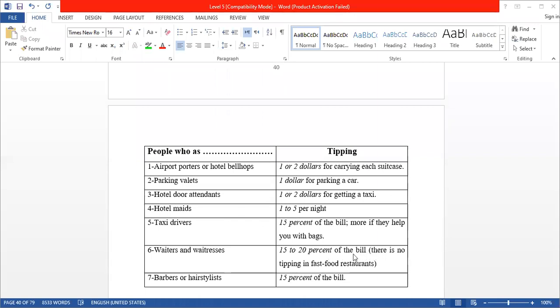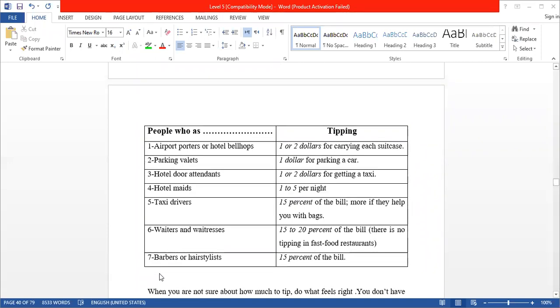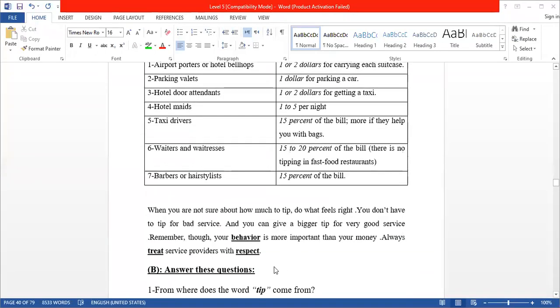There is no tipping in fast food restaurants. Barbers or hairstylists, 15% of the bill. When you are not sure about how much to tip, do what feels right.